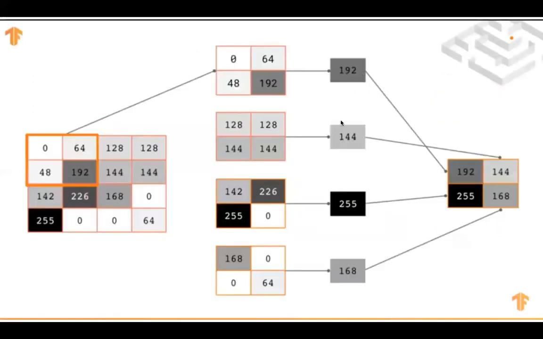Now 192, 144, 255, 168, and then combine this to get new pixel values, a new image, which is reduced by a quarter compared to the original image. So this is what max pooling 2x2 means. Max is because we chose the maximum values, right? And 2x2 because we divided the original image by 2x2, okay?